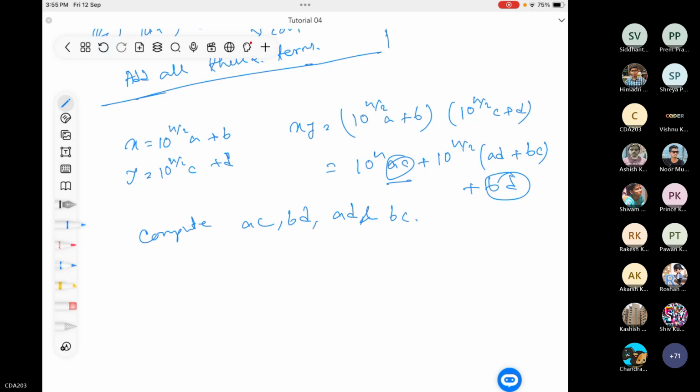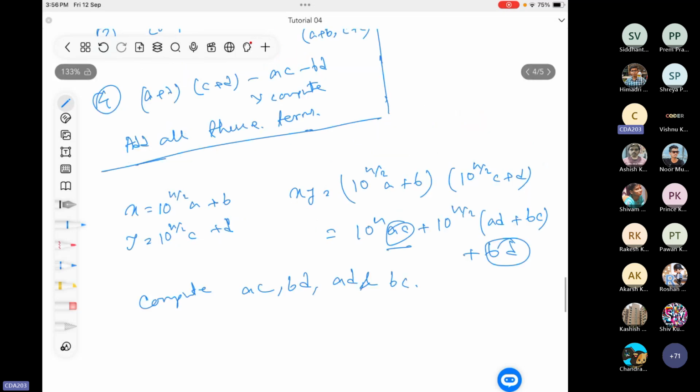So if you compute this AD and BC, can you write a recursion relation corresponding to this problem? What should be the recursive relation? What if we just compute this thing: we first compute AC, then BD, then AD, and then BC, and then we simply find this summation.